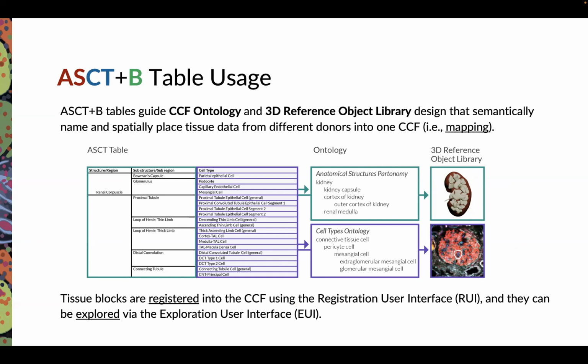about these ASCT plus B tables, to which extent they keep on evolving, given that I can expect, for example, these marker genes that we have for individual tissues. It's quite interesting when you talk to the experts. We talked with one lab here at HMS working on vascular endothelial cells.